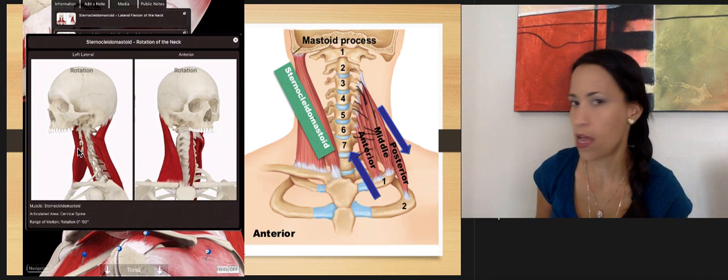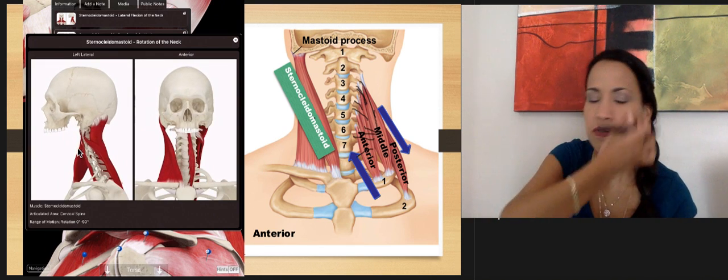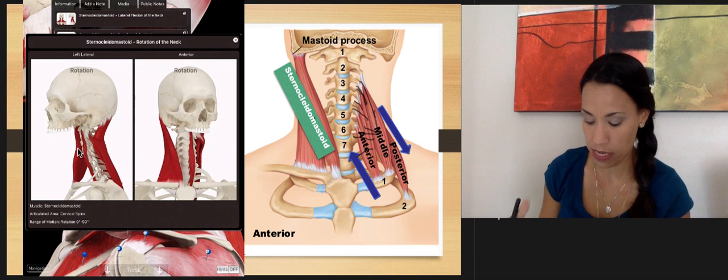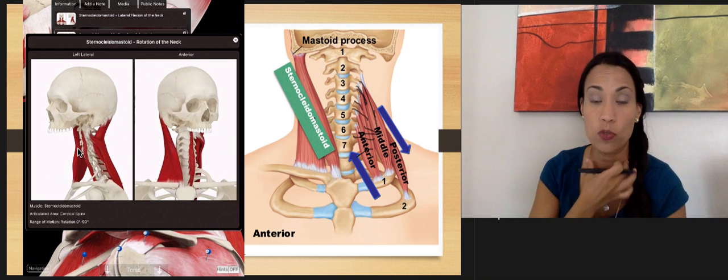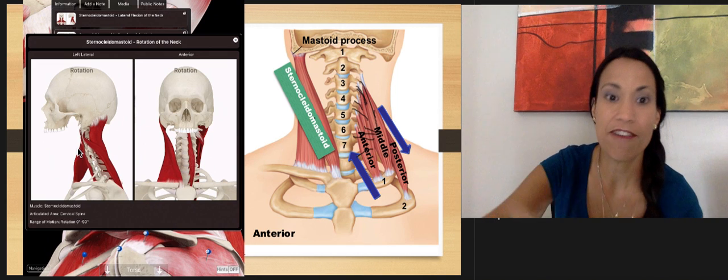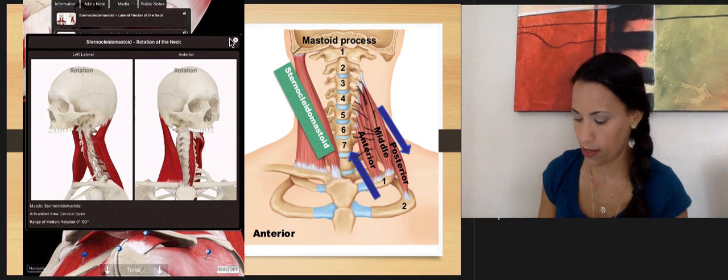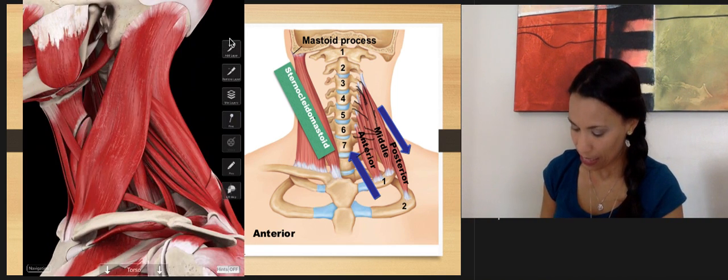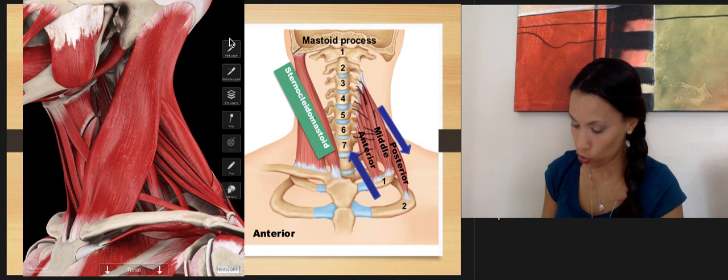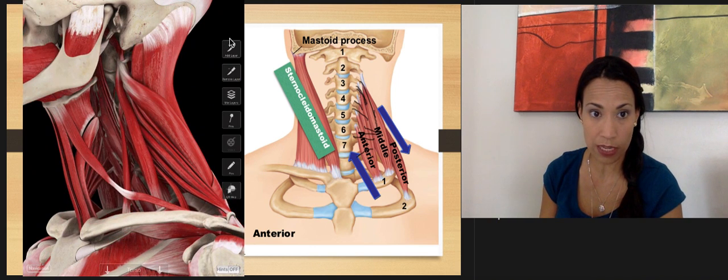See, like saying no. So lateral flexion and rotation. I don't have it here, but also remember, if you contract both at the same time, it can flex the neck. And last but not least, I'm now going to remove the sternocleidomastoid.